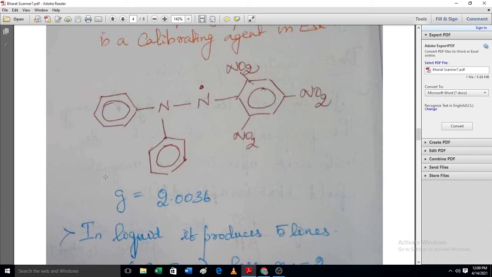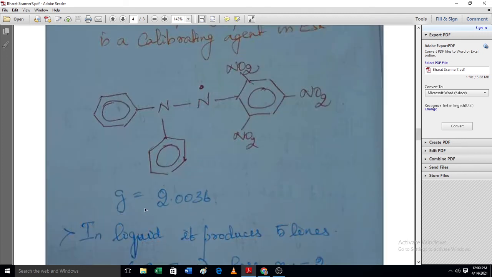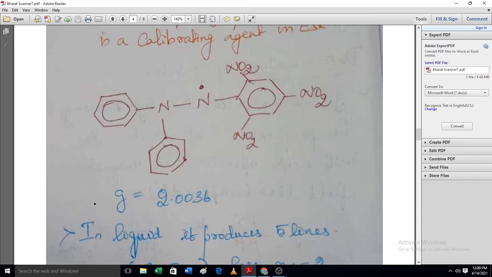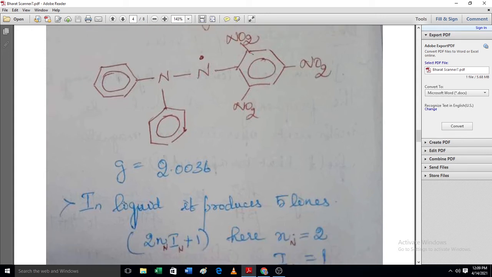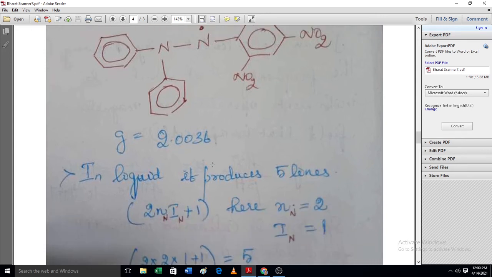This is the compound, the internal standard. The most striking feature is that it has a perfect G value of 2.0036, and in liquid this molecule is capable of giving 5 lines.